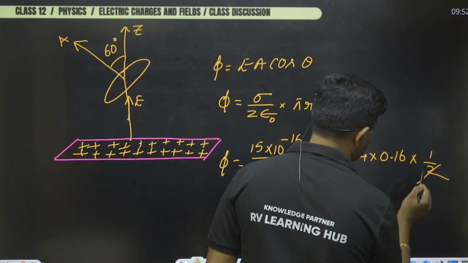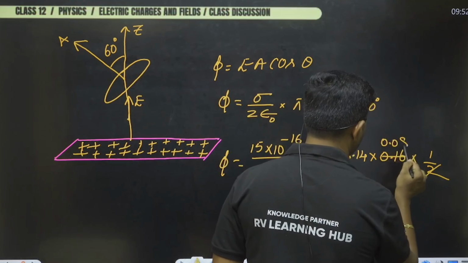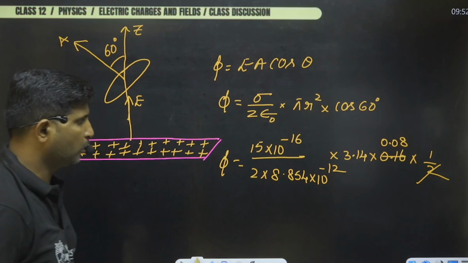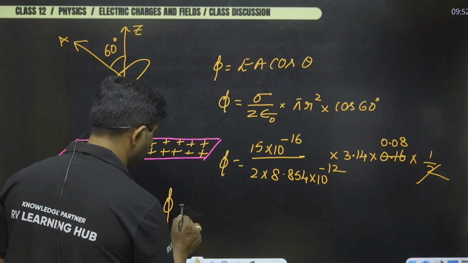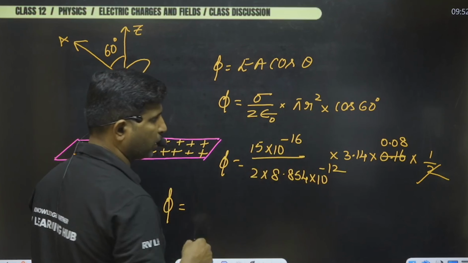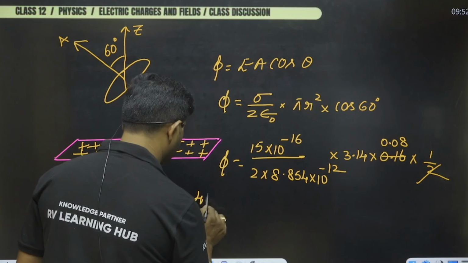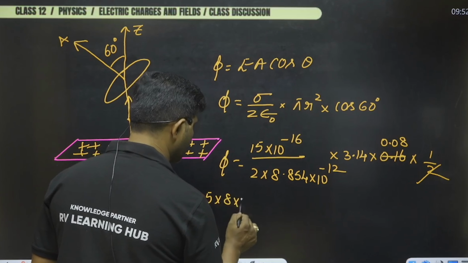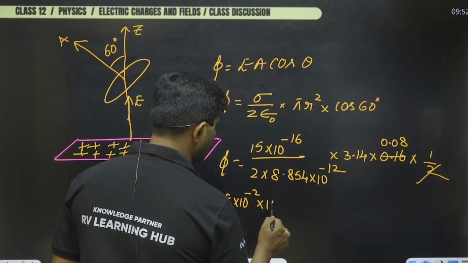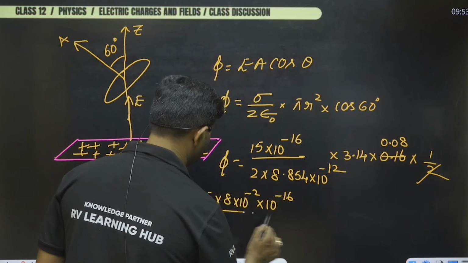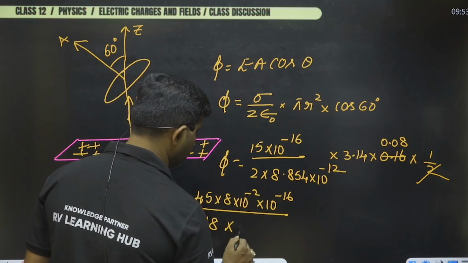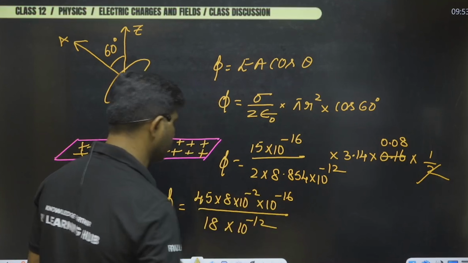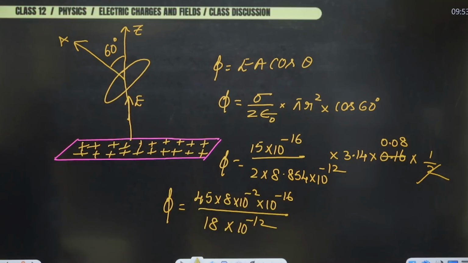Definitely you'll get the answer, 0.08. Approximately, 15 into 3 is 45, 45 into 8 into 10 to the power of minus 2 into 10 to the power of minus 16, divided by 2 into 9, 18 into 10 to the power of minus 12. So just do the calculation properly, then we'll get the answer.